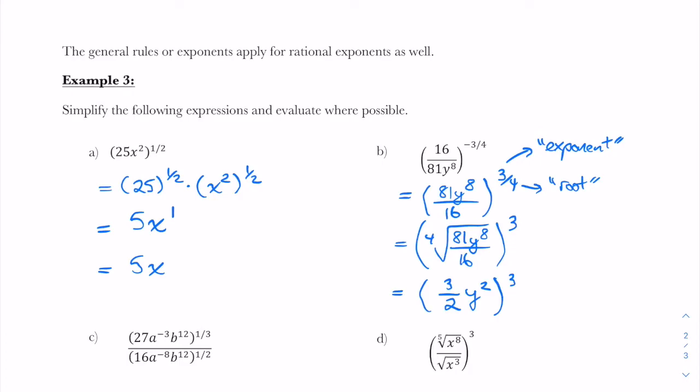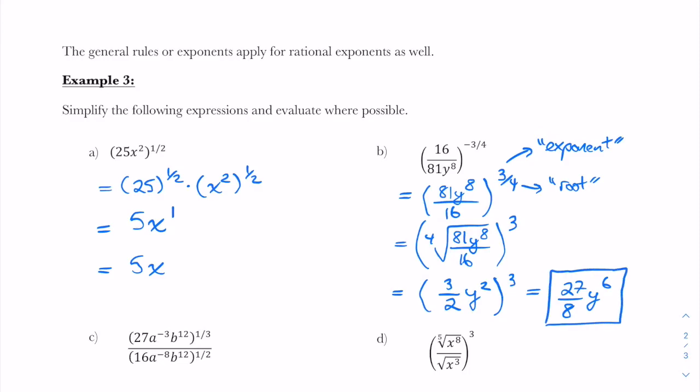And now we just simply apply the exponents. So 3 cubed is 27, 2 cubed is 8, and using our power of a power rule, y squared to the exponent 3 gives you y to the exponent 6. And that's going to be your simplified final answer. I'll put a box around that just to make it clear.